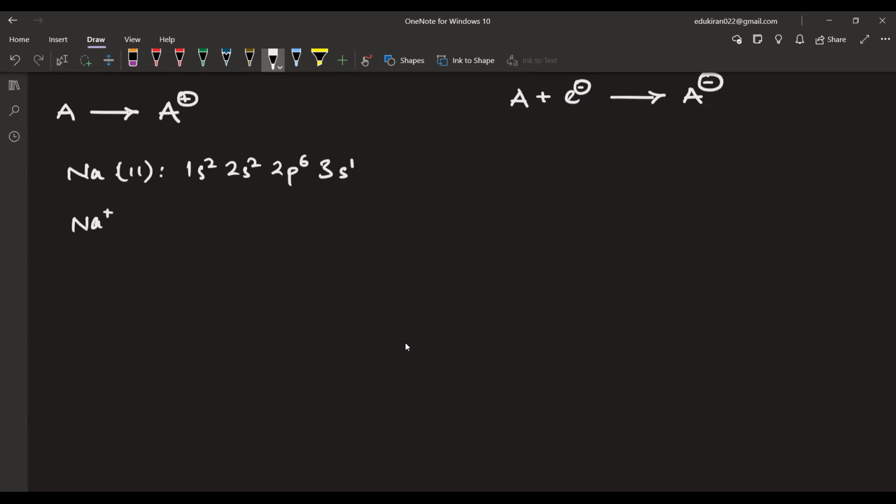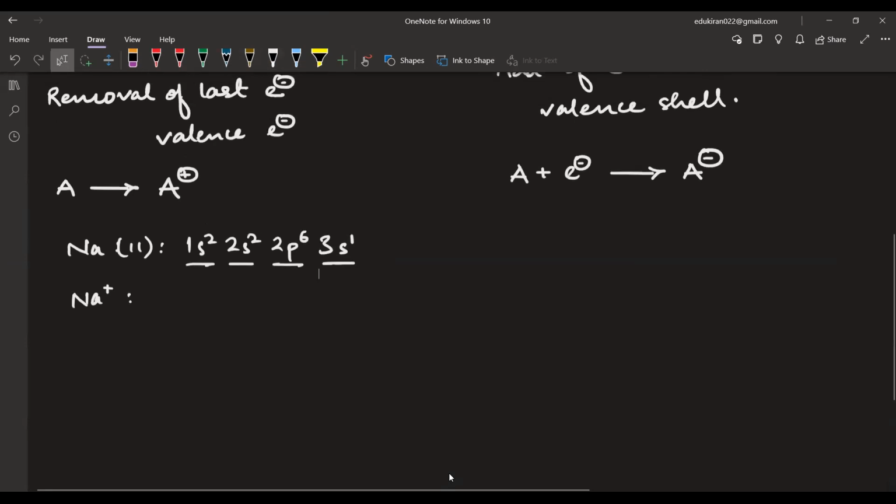You will be removing one electron, so you have only 10 electrons. Which electron will be removed? From 1s2, 2s2, 2p6, or 3s1? 3s. Very good. So the electronic configuration will be 1s2, 2s2, 2p6. That's it.